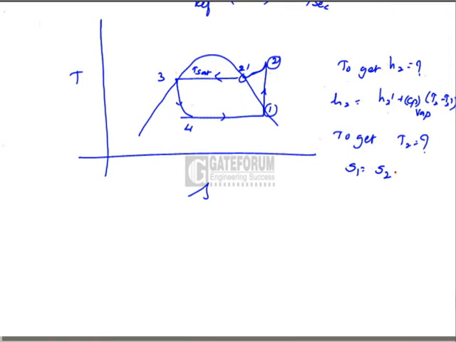S1 is equal to S2. What is S1? Sg at evaporator pressure is equal to S2 dash plus Cp of the vapor into ln T2 by T2 dash. What is S2 dash?